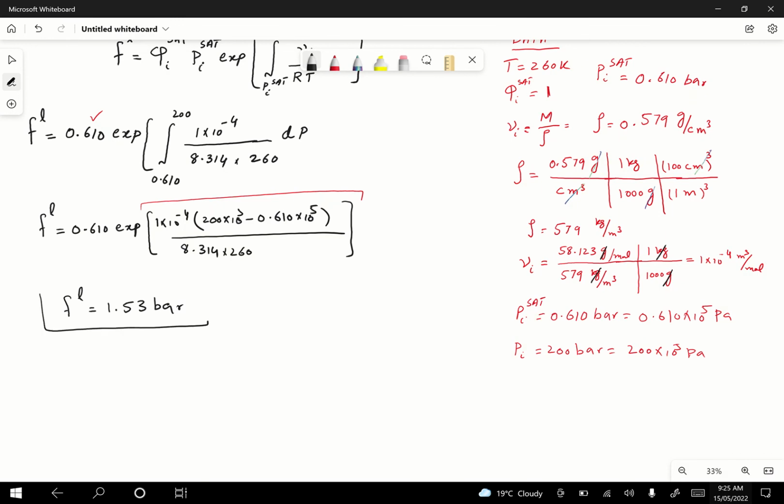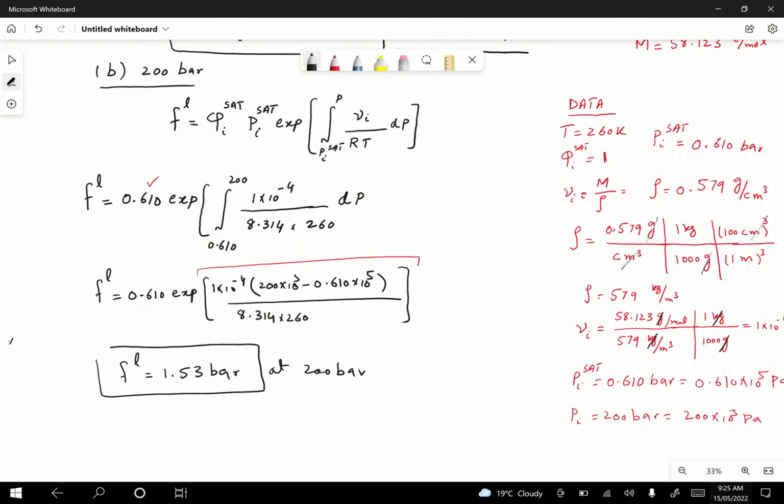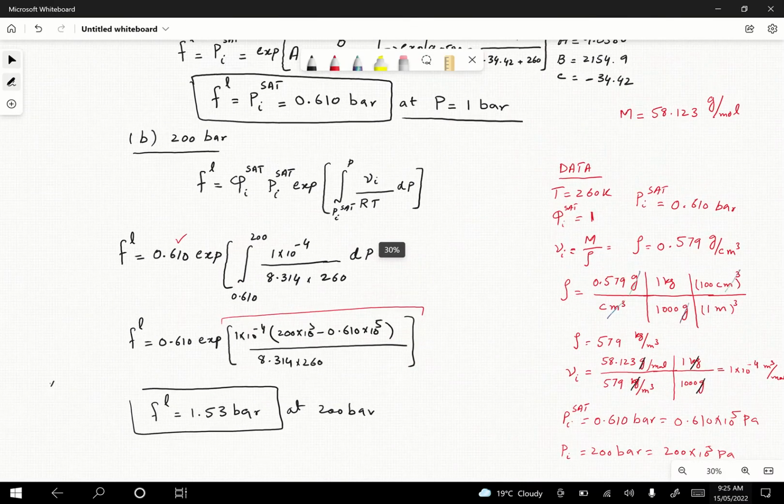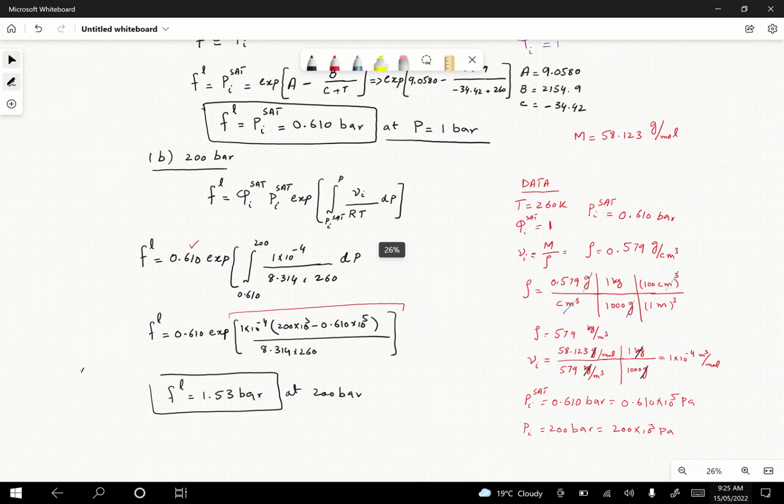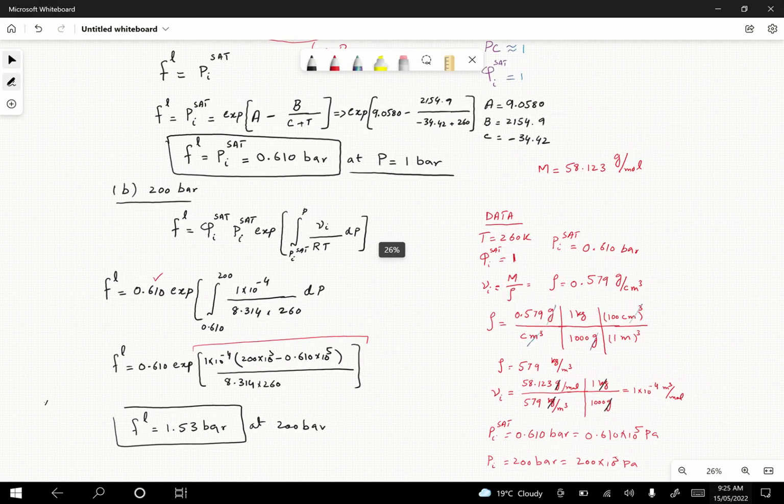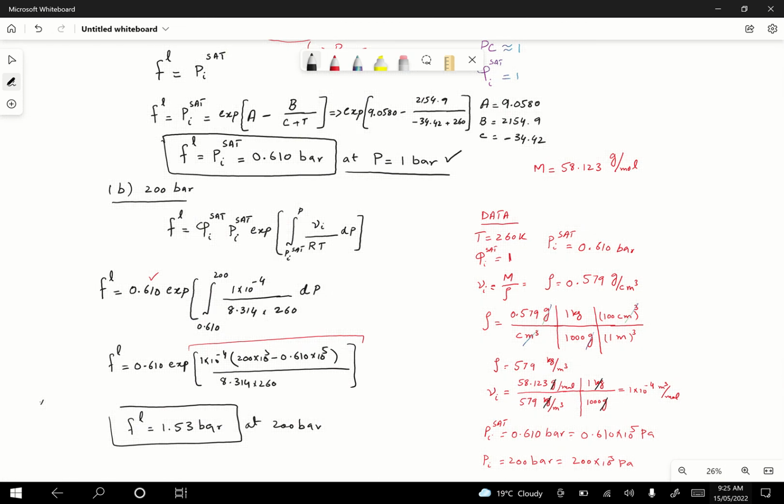So this is basically the fugacity of liquid at 200 bar. This is clearly an indication that for the same liquid, everything looking the same, temperature the same, the fugacity at 1 bar is 0.61 and the fugacity at 200 bar is 1.53. You can see the difference. So this is how it works, how the pressure is affecting.